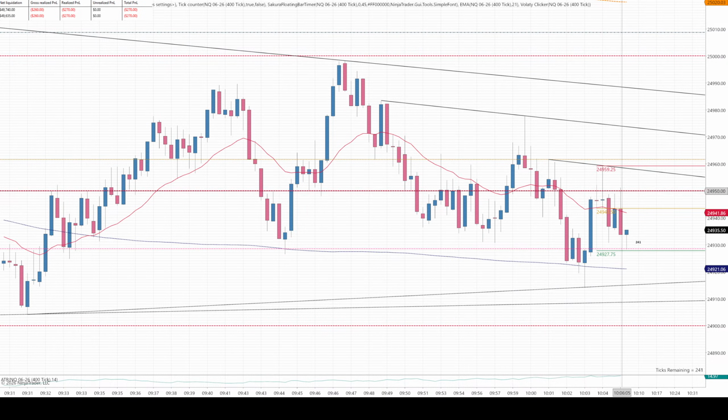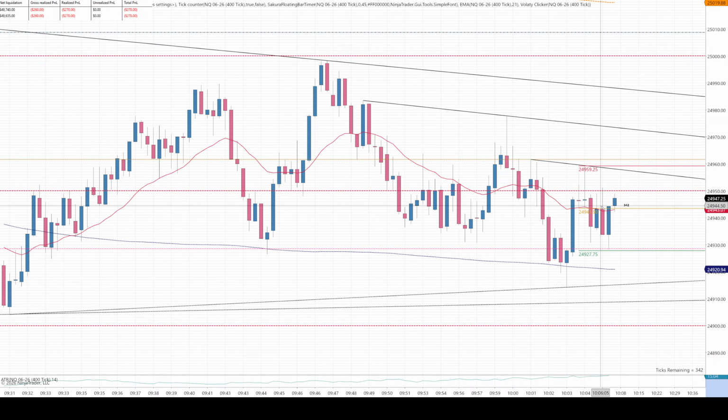950 rejection was a nice move, but we can't take it. Triggered bullish here.